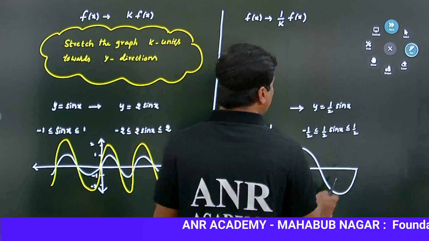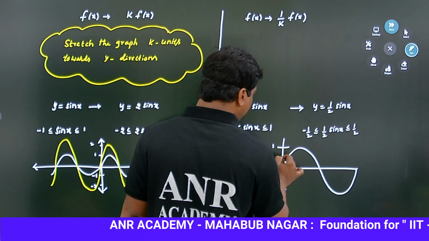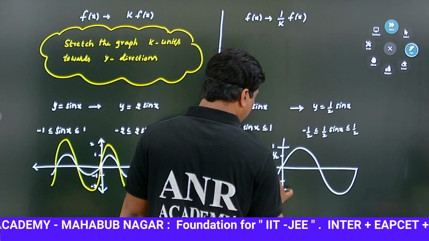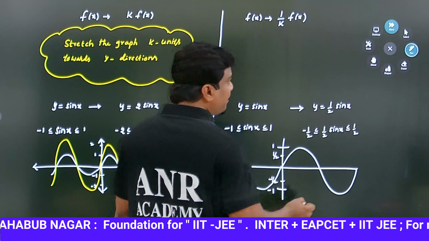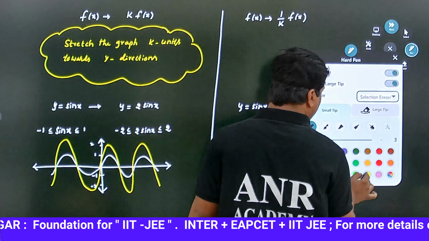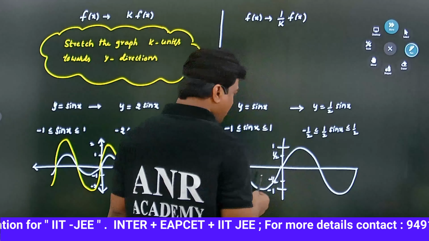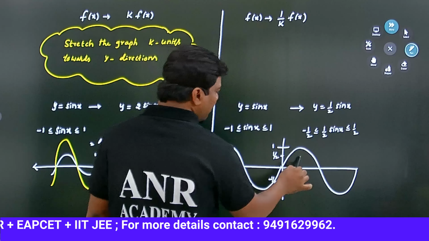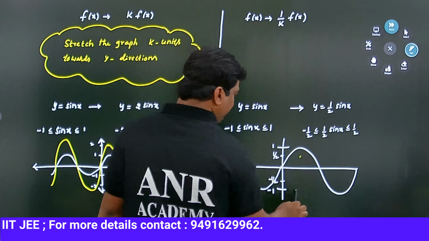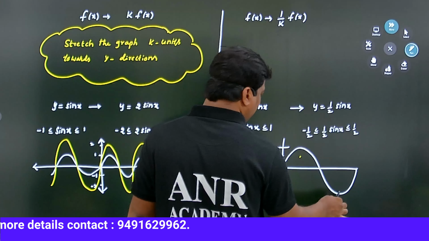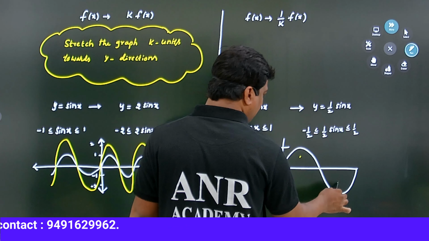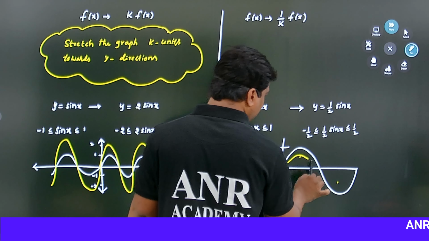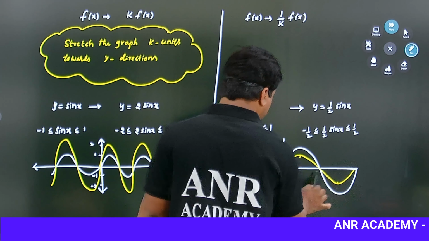When you have 1 by 2 of sin x, maximum value 1 by 2, minimum value minus 1 by 2, and its graph, in the previous case maxima 1, but now in this case 1 by 2. Here it is minima minus 1, but now minus 1 by 2. Here it is 0. Joining all these we get the graph in this way.